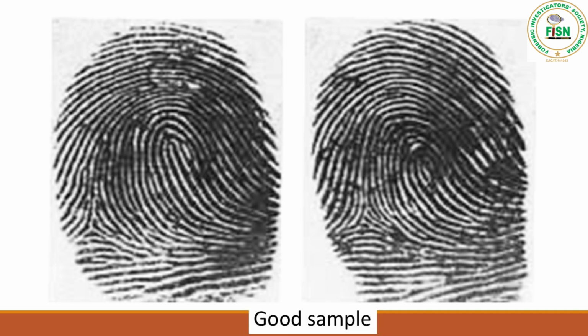So the first thing that an examiner will do is to check if the samples are of the same group. That is the first thing. If they are the same group, for example, both of them are whorl, or arch, or perhaps both of them are loop. If they are not from the same group, there's no way you can compare them. You stop the work there and write your report.